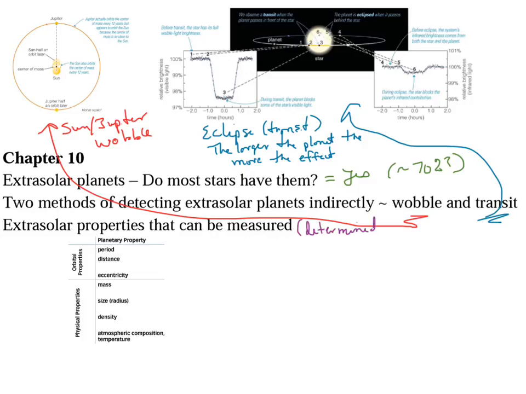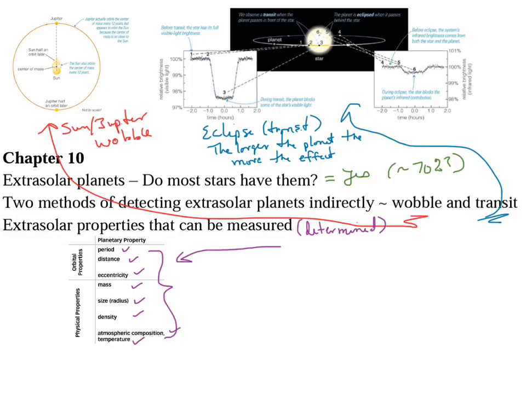And then there's a question on there about what properties we can gauge about these extrasolar planets. They are so far away, but you're like, really? You can do that? Honestly, we can determine the period, which is how long it takes for the planet to orbit the star. We can determine the distance between the planet and the star.